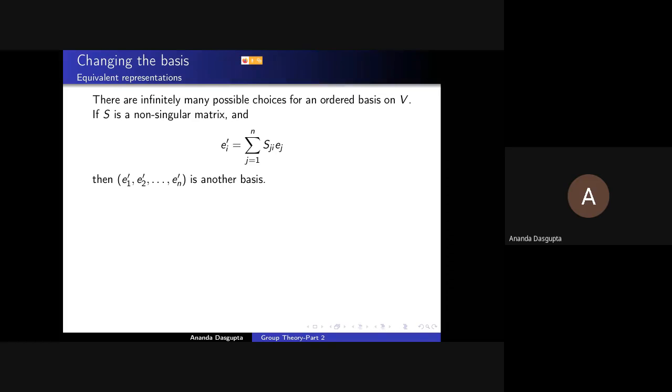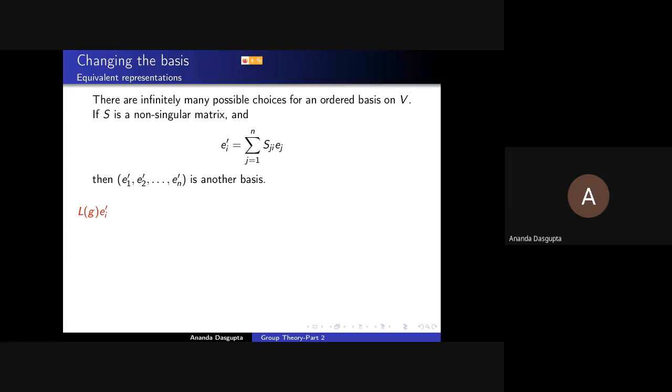In particular, if S is a non-singular matrix and you apply S_ji E_j on all the basis vectors, so basically E'_1 is S_11 E_1 plus S_21 E_2 plus S_31 E_3 up to S_n1 E_n, and do that for every one of i's values from 1 up to n, you get n new vectors. And if S is a non-singular matrix, it's very easy to check that then E'_i will also be linearly independent, n in number, so they will also give you a basis. So this is basically how you change from one basis to another.